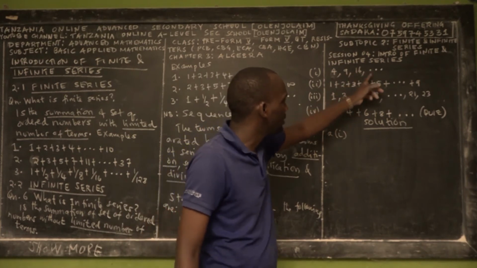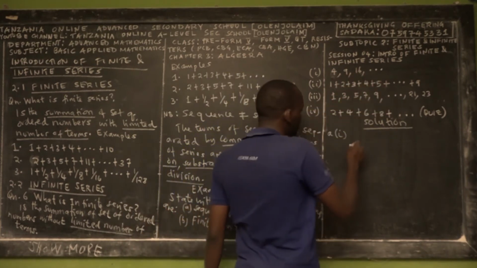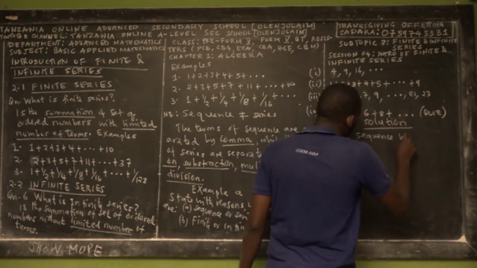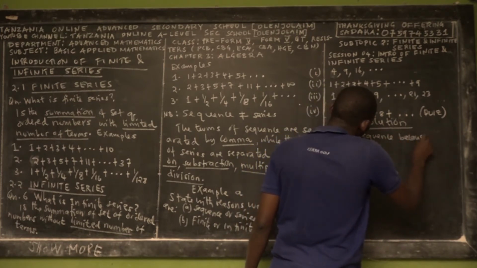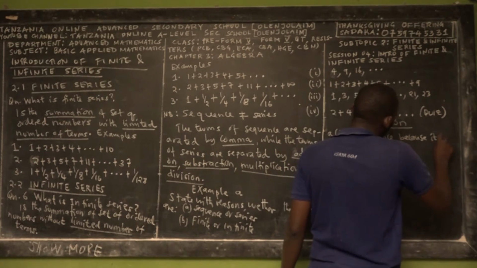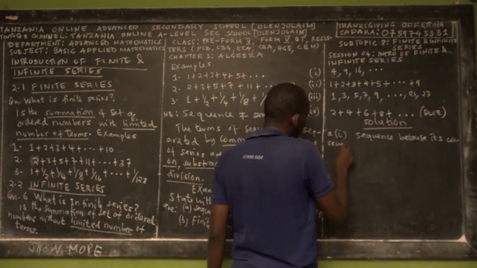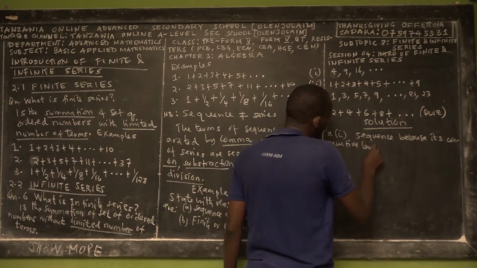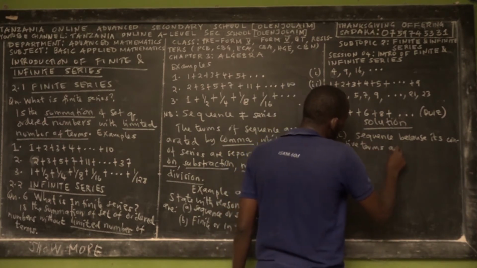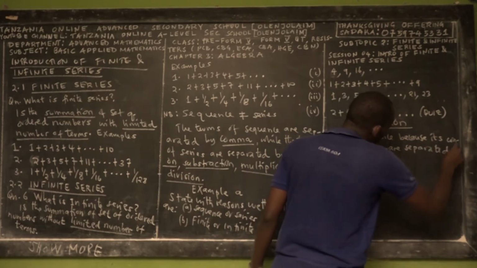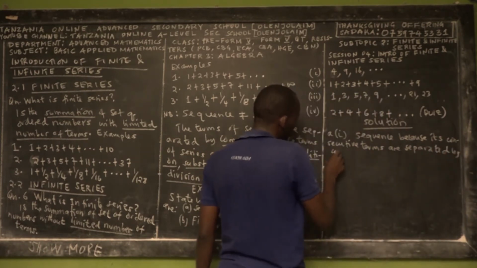So these are separated by commas, so this is a sequence, because its consecutive terms are separated by commas.